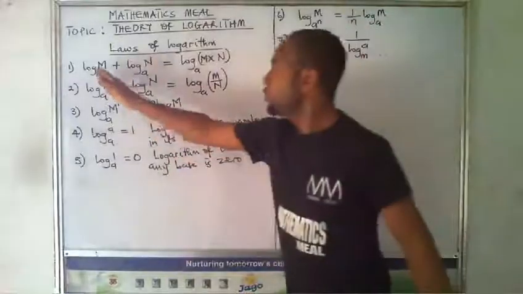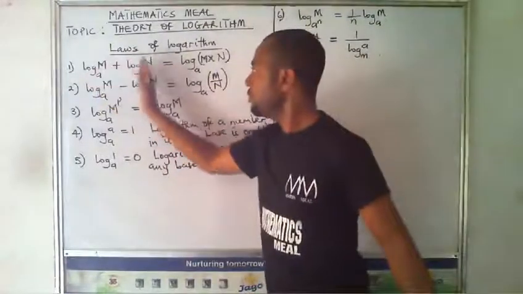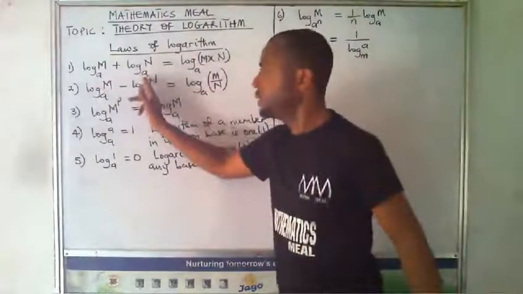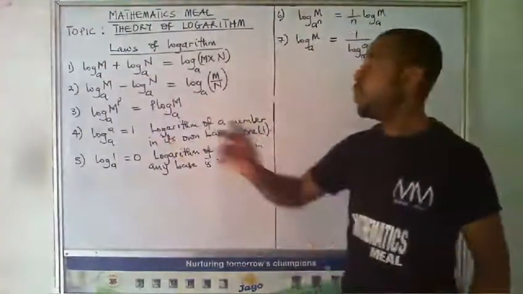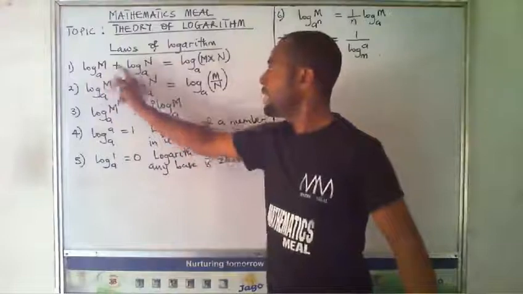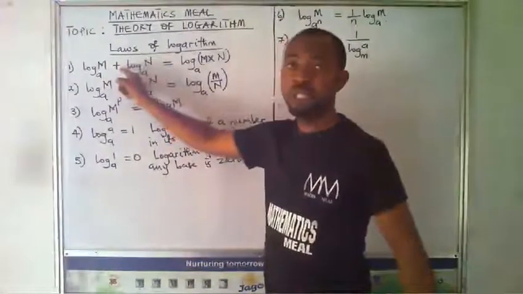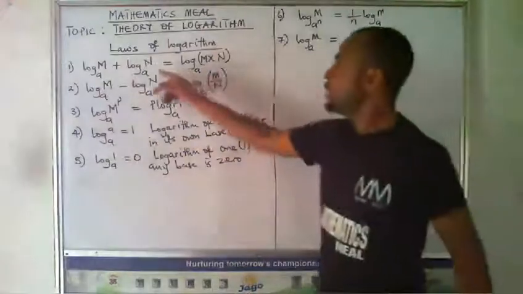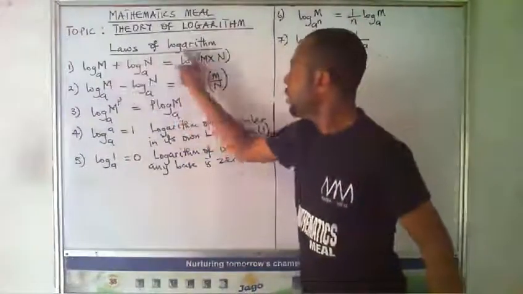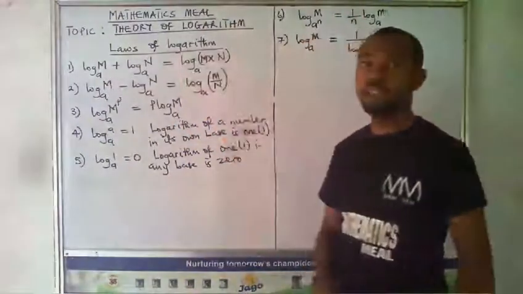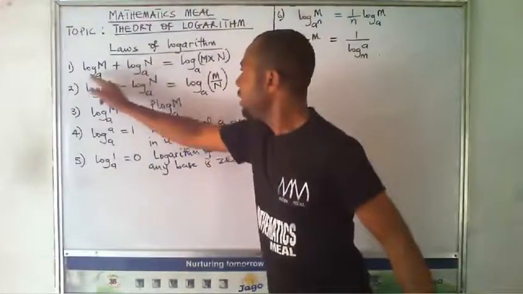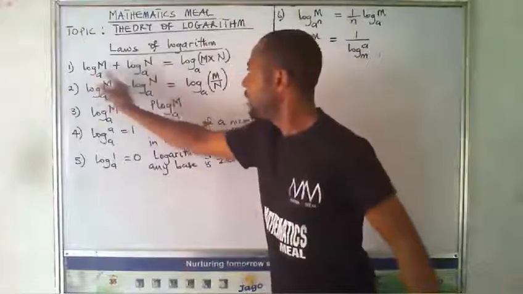When you have 2 or more logarithms of the same base, and the operation between them is addition, all we need to do is to multiply the numbers under their common logarithm, because this base is common to these 2 logarithms, log base a.